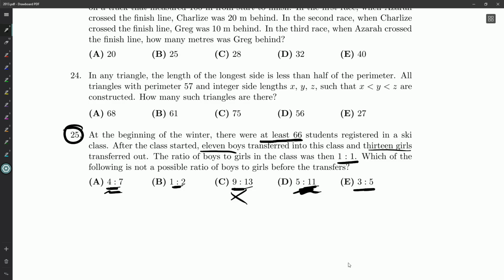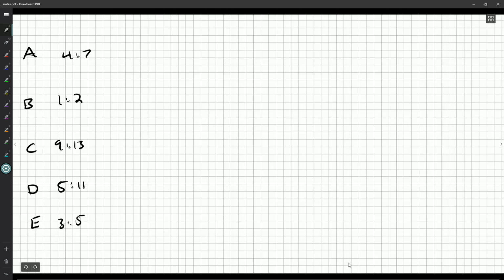Yeah, 3-5. So if the ratio were 1-2 boys to girls, then 1 times the number of girls would be equal to 2 times the number of boys. We get a nice little equation here.